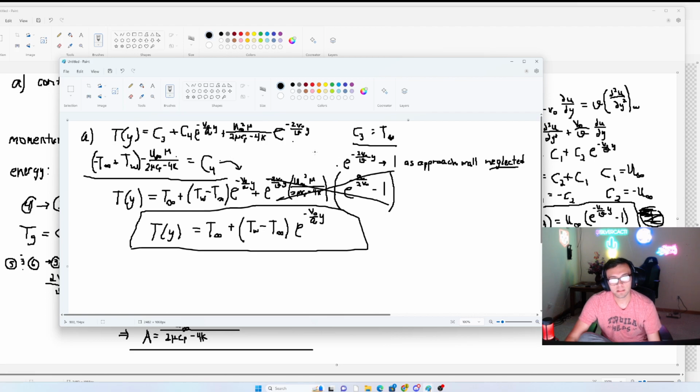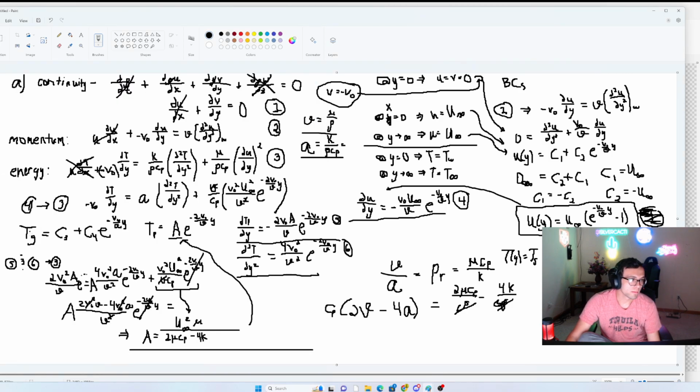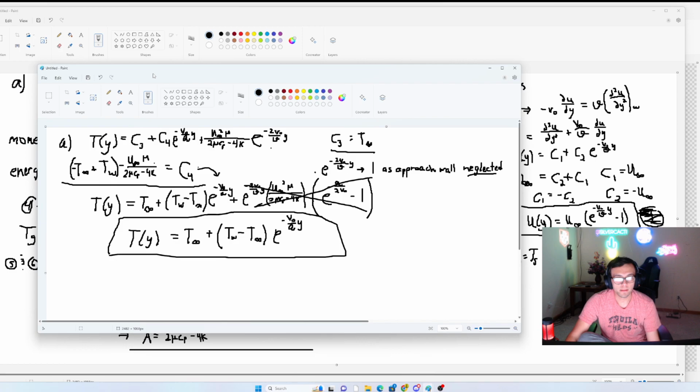Then we applied the boundary conditions from the energy equation, and we found the constants. Then we made this assumption that it could be neglected, because it approaches 1. Don't know exactly why. We also canceled out this from C4 and from the partial because of that. So then we got this simple, nice looking solution.